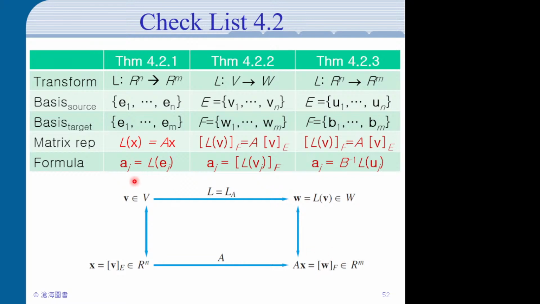And that coordinate will correspond to the coordinate of L of v: you have v starting here, you get to L of v here, and that L of v will have the coordinate that's A times the coordinate here.